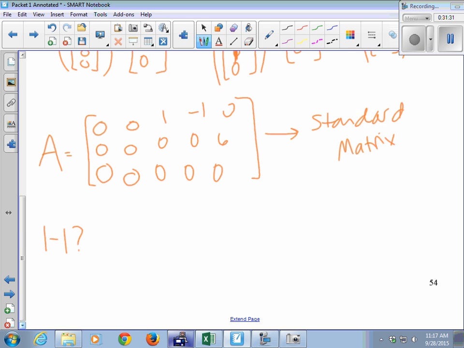Right, the third and fourth column are multiples of each other. And any set that contains a zero vector is not linearly independent, right? So one-to-one, we could equivalently ask if the columns of A are linearly independent. We can see that they are not by inspection.